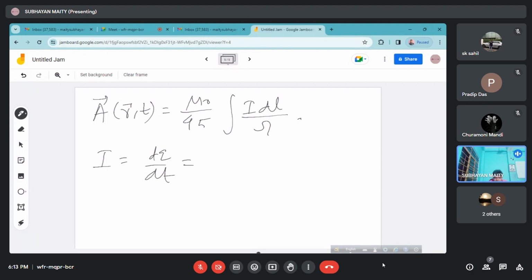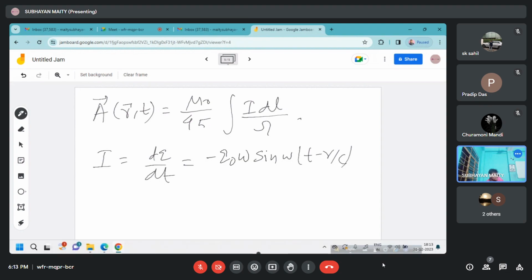So in general this is q naught omega sin omega t minus r by c. After integration of dl from minus d by 2 to plus d by 2, it will give d.